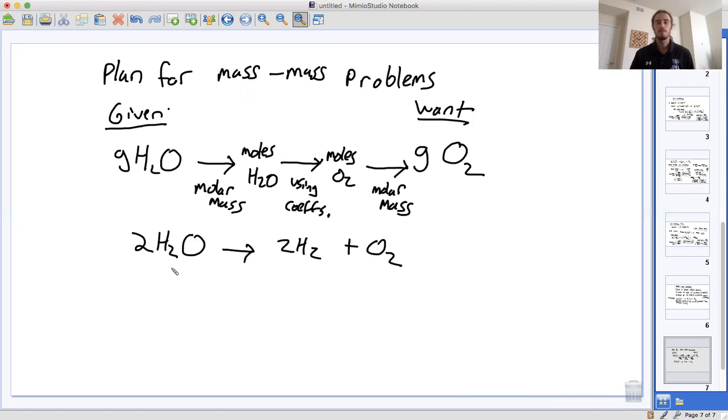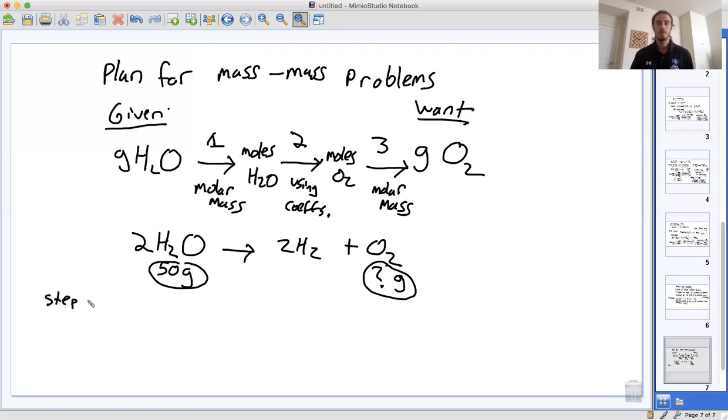I'm starting off with 50 grams of water, and I want to know how many grams of O2 I have. So step one, let's number them: step one, step two, step three.